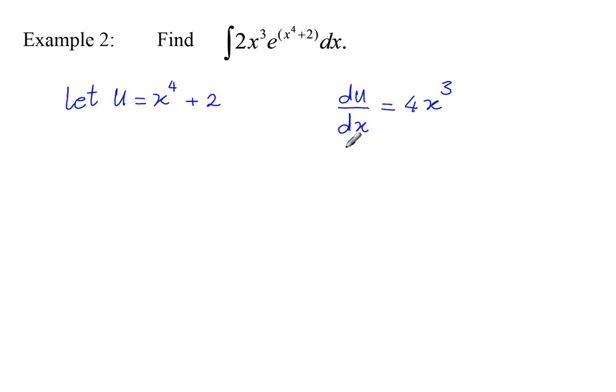Now before we start putting this back into the question, if we look at this here, this is 4x cubed, while this one here is 2x cubed. So to make it easier to replace, I'm going to divide this by 2, so I get half du by dx is equal to 2x cubed. Let's substitute this back here.